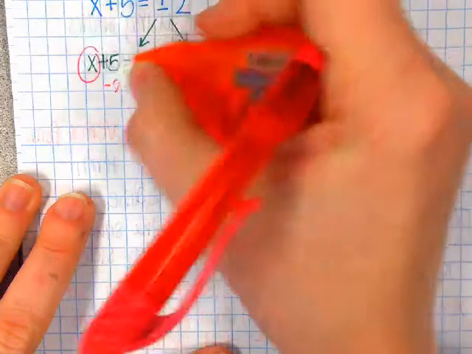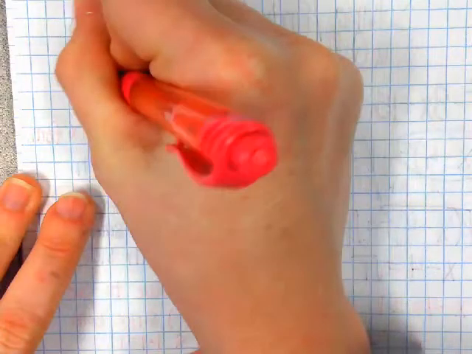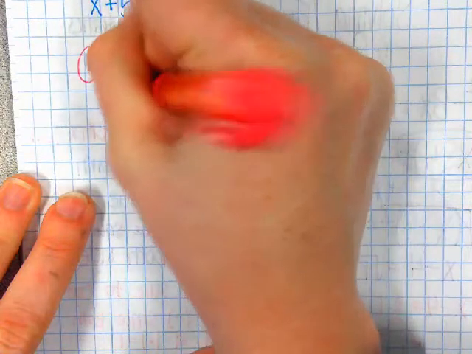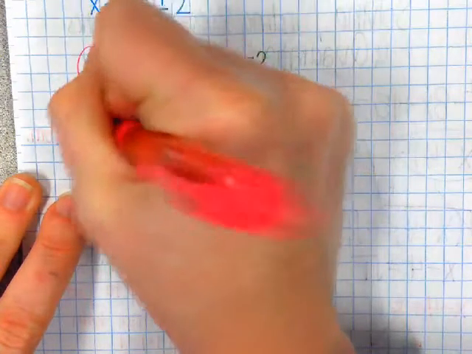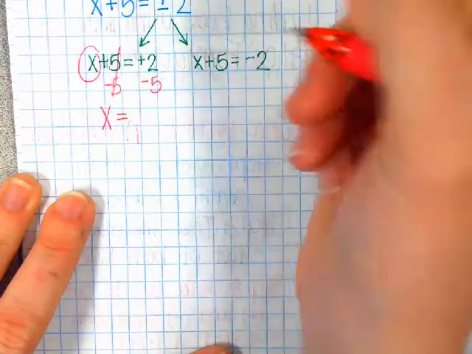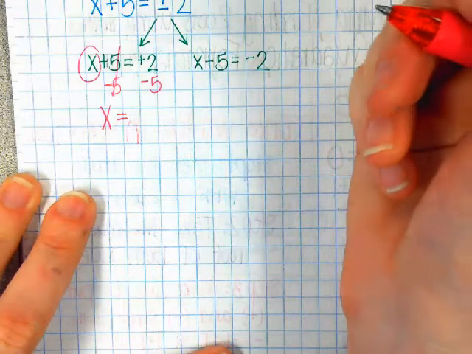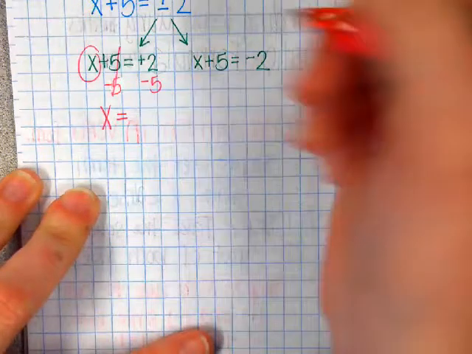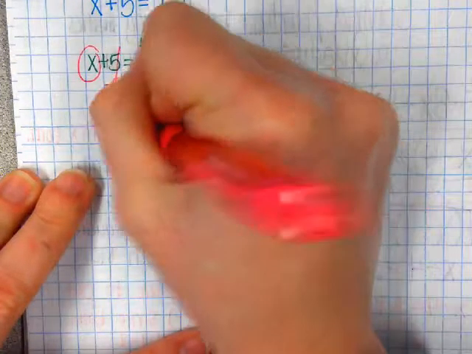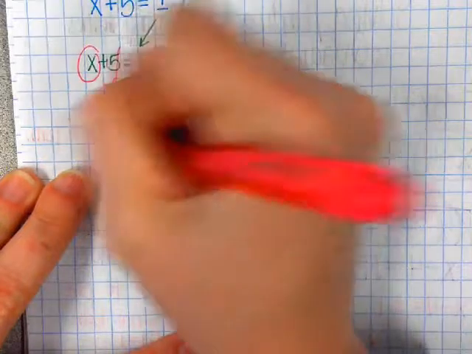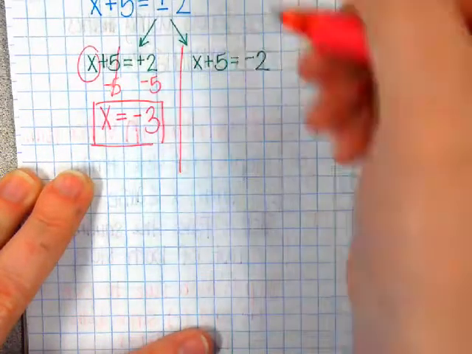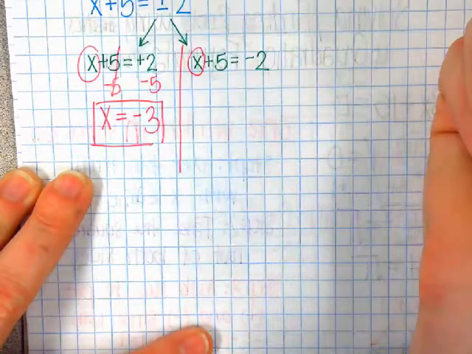And then solve them. What's the opposite of add 5? Subtract 5. Oh, I just wrote 2. So subtract 5, subtract 5. So x would equal, what is 2 minus 5? Negative 3.